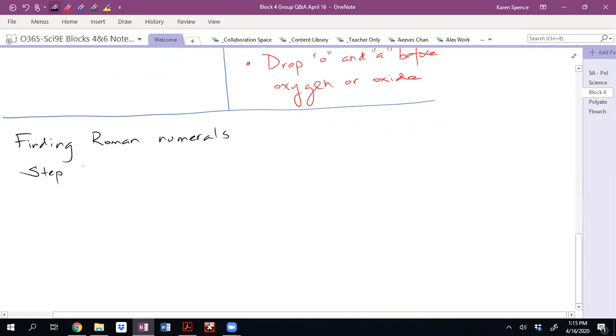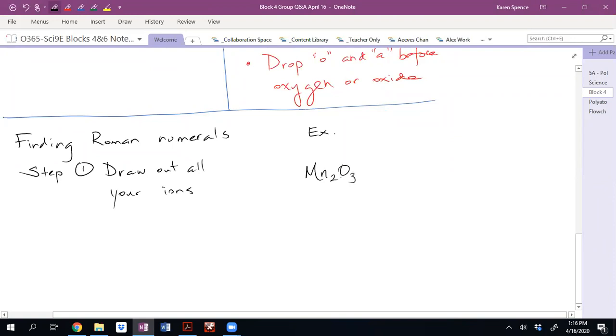Step 1. You are going to draw out, and don't stop doing this until you know exactly what you're doing, okay? Draw out all your ions. So, for example, we might have Mn2O3, okay?